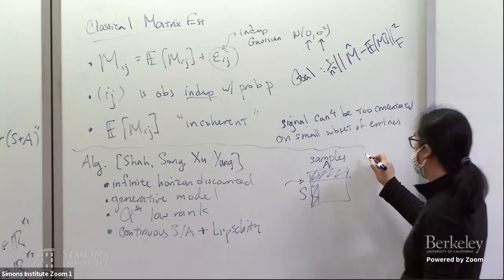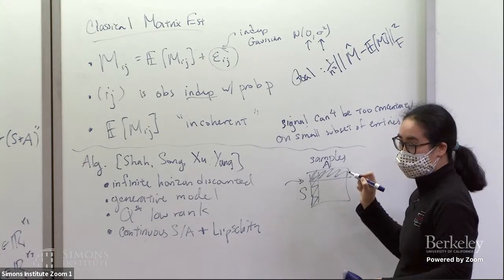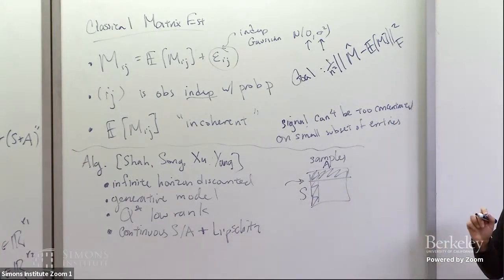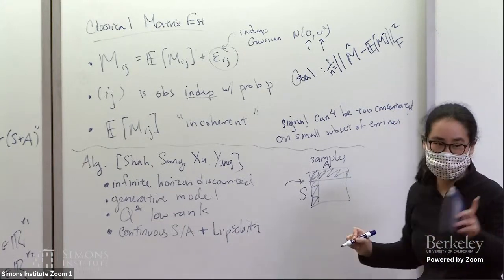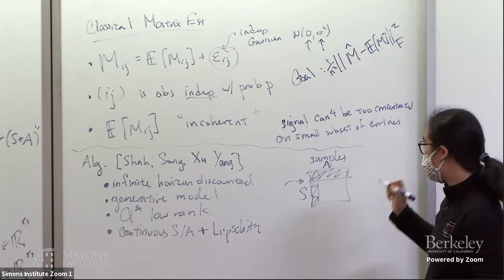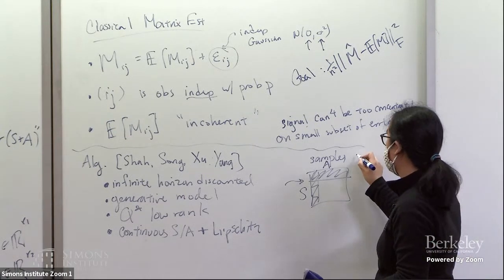How are you getting samples from Q star? They're not sampling from Q star, thank you. They're sampling the transition.